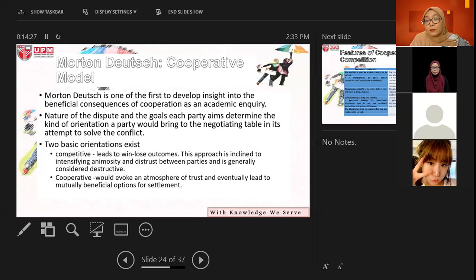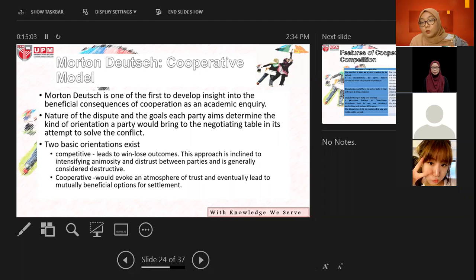Okay, basically, if you don't intend to maintain a long-term relationship with your opponent, then you may apply this competitive strategy. Or another way is, if you are confident in your position to win that conflict, then you may apply the competitive strategy. Okay, if you are superior to your subordinate, then you may apply this competitive strategy. But it is considered to be a destructive way to deal with conflict.